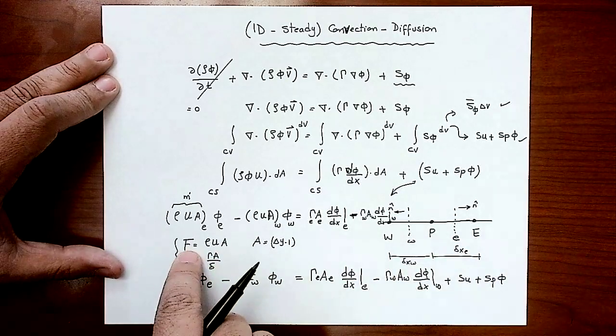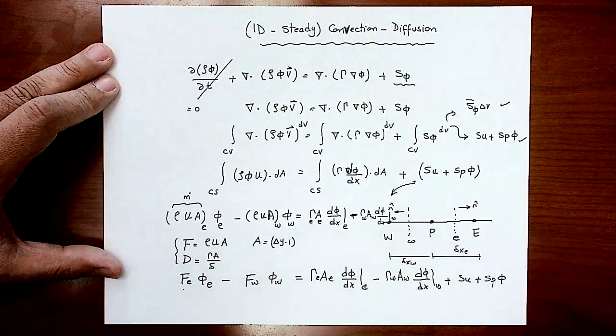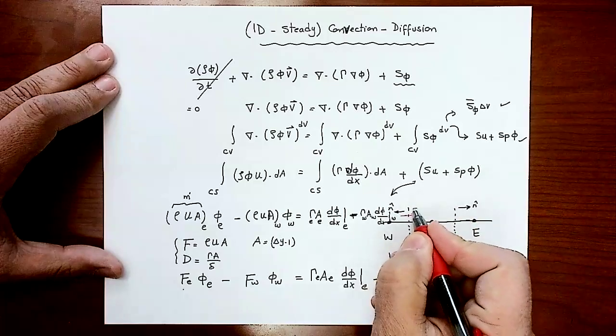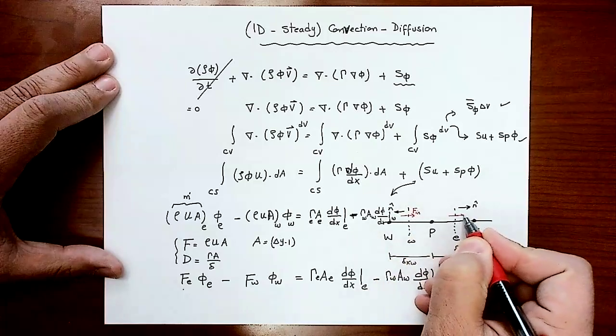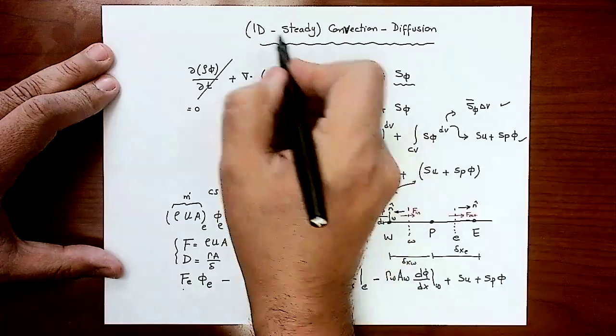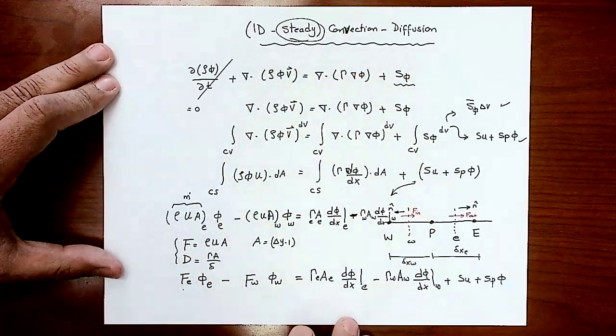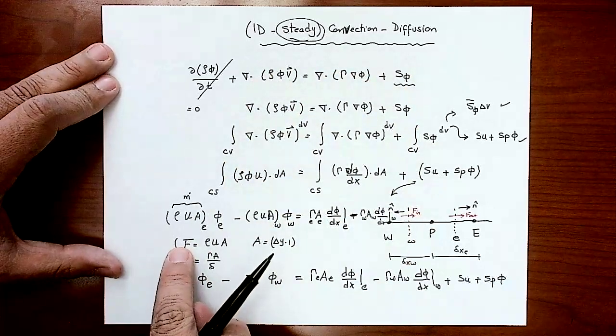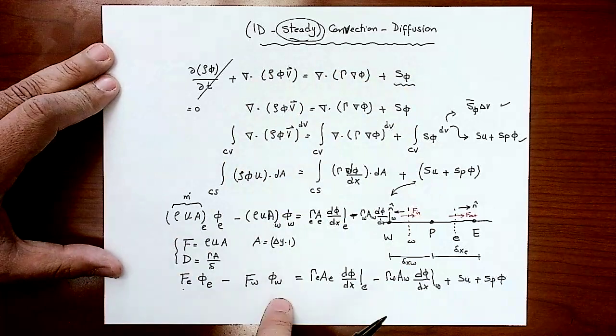And again, we talked about F, that's the mass flow rate. And we said that for mass conservation, if that's your cell, whatever the mass flow rate that's coming in should equal the mass flow rate that's going out. That's mass conservation because we are solving steady state so far, right? Which means that you can end up having one value for F, either it's the east face or the west face one.